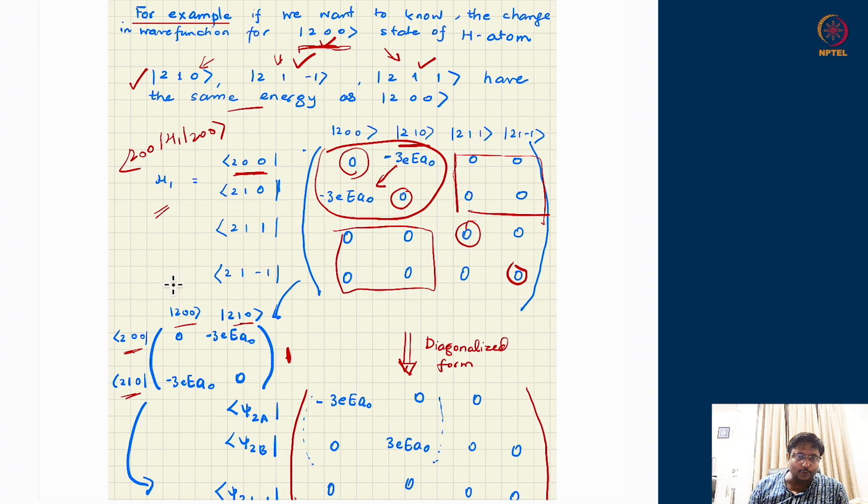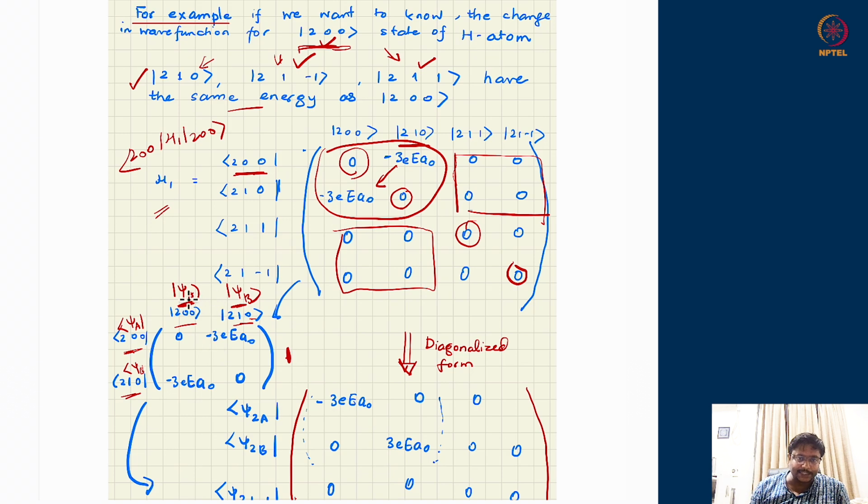So can I find a new basis, psi A and psi B, from a linear superposition of these two wave functions, combined in such a way that they become diagonal? Okay, the idea is clear.